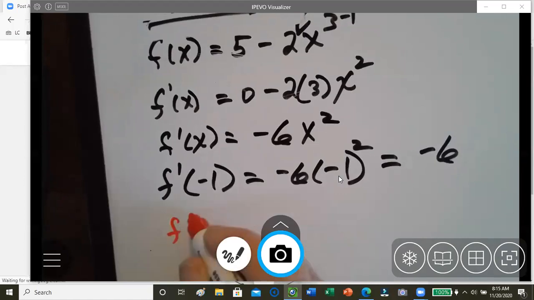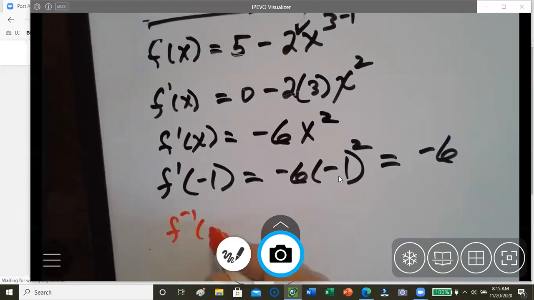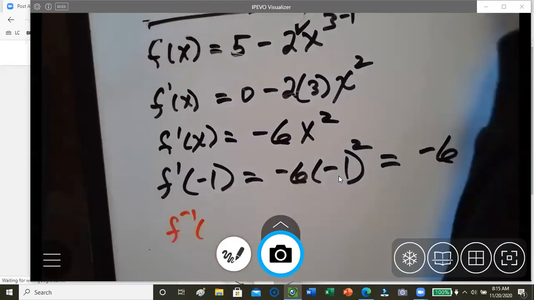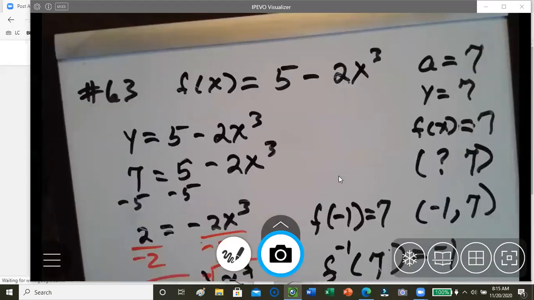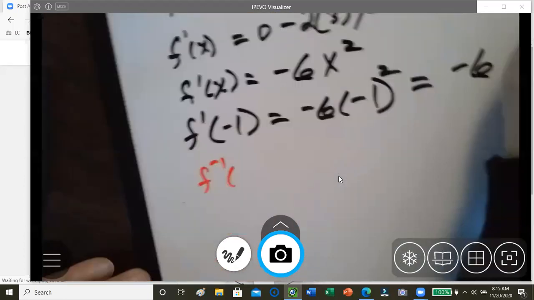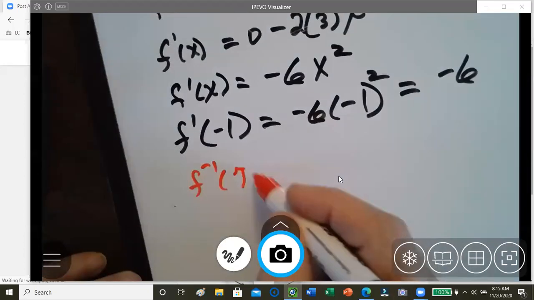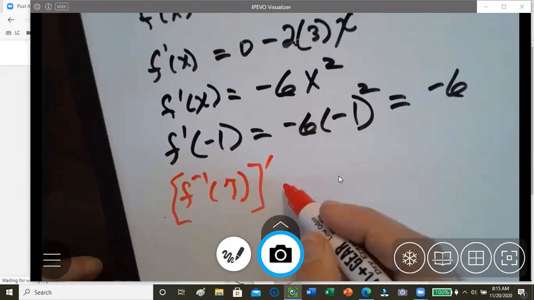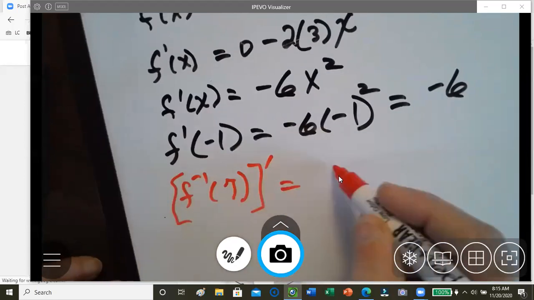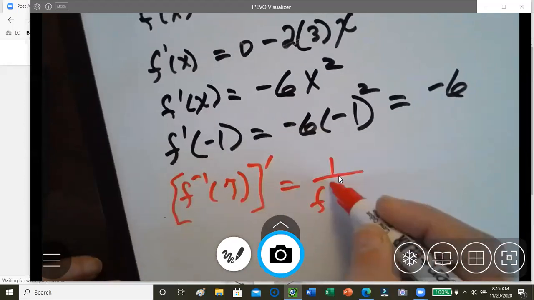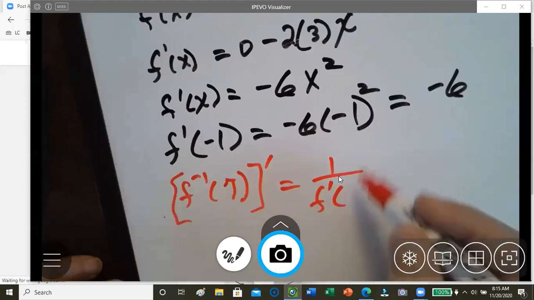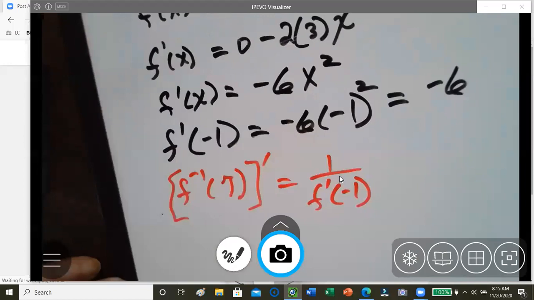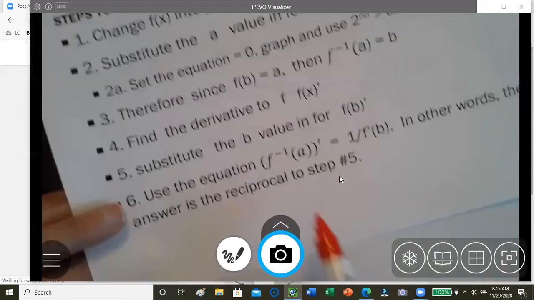F inverse, in this case, a is 7, right? A is 7. And the derivative of the inverse at 7 equals 1 over the derivative of f at negative 1. Okay, so that's this.